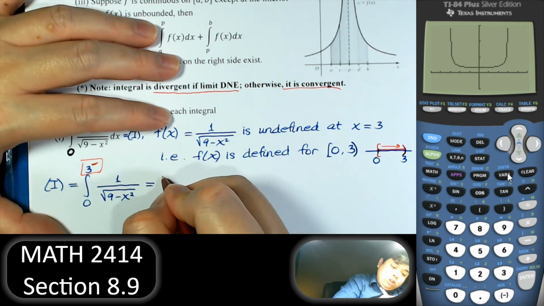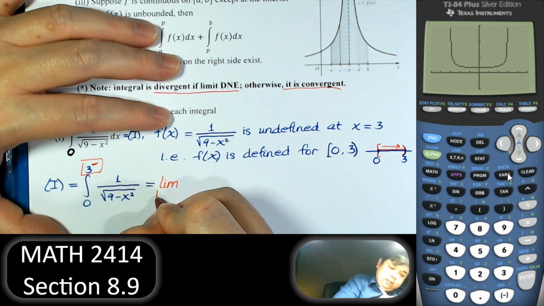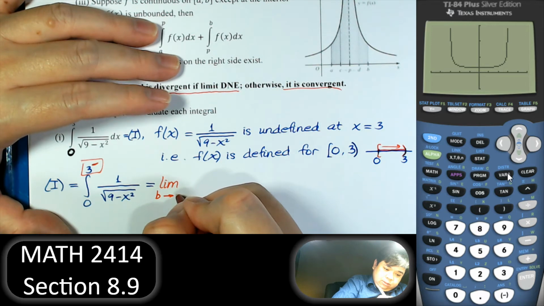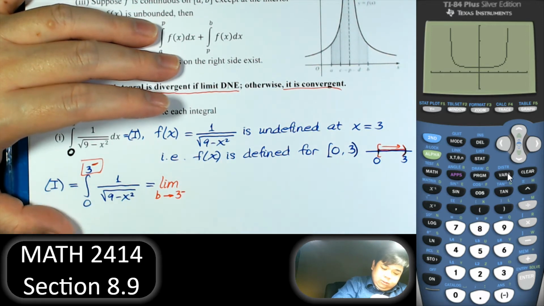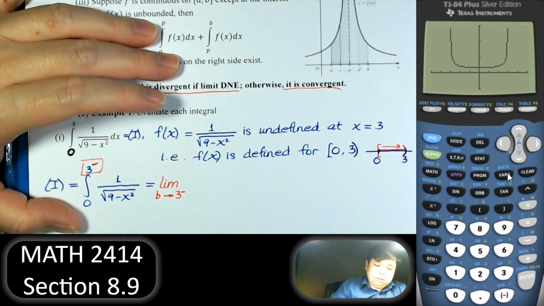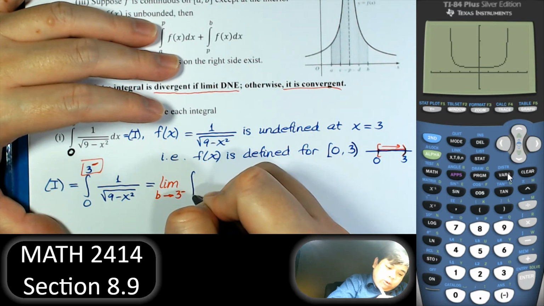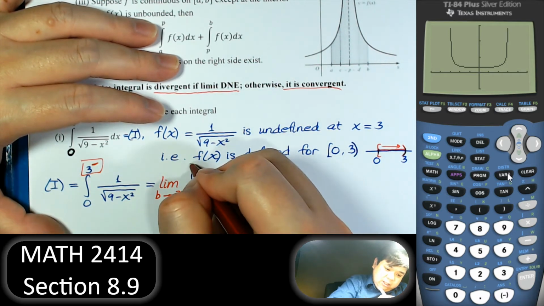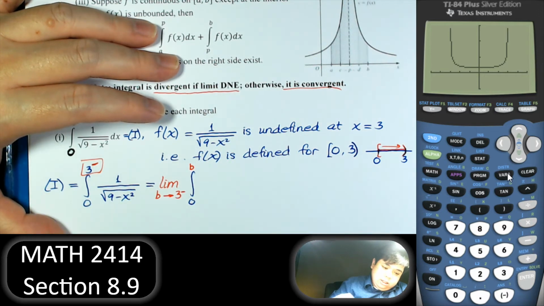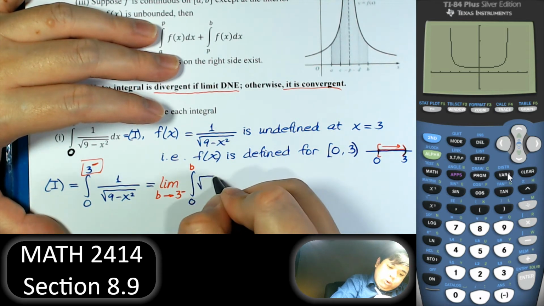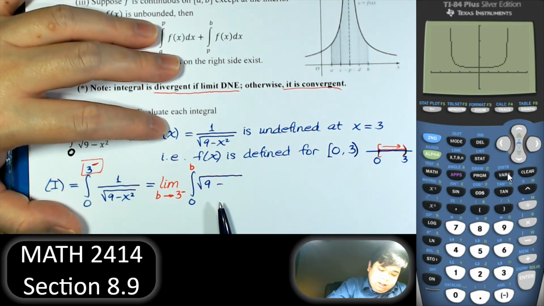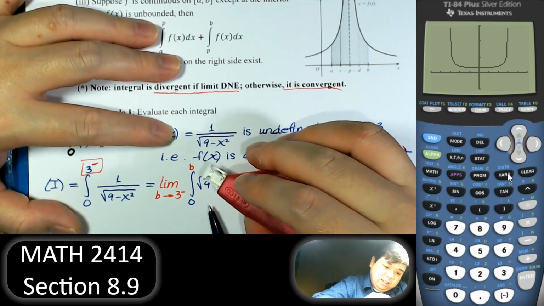Upper limit, so let's use b. Integral from 0 to b of 1 over the square root of 9 minus x squared, still 1 over, sorry.